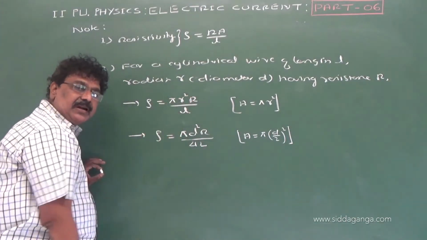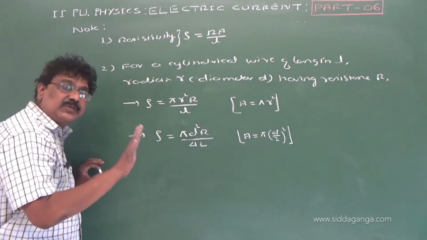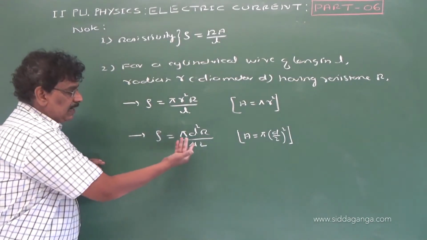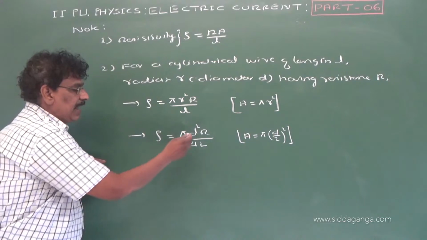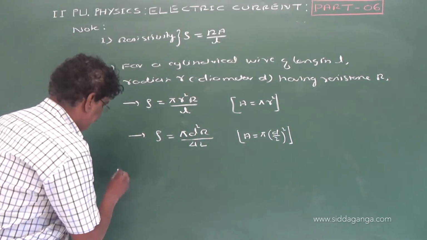Radius can be measured using a screw gauge, and length L can be measured using a meter scale. So in terms of diameter, we have the equation R = 4ρL by πd².